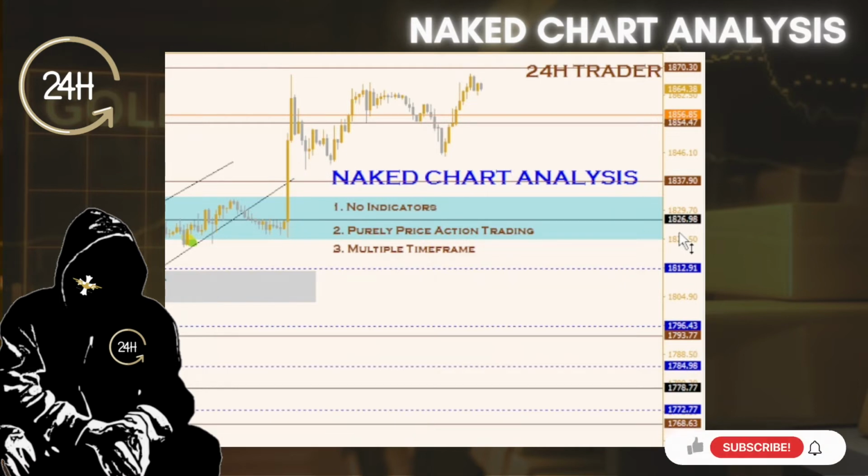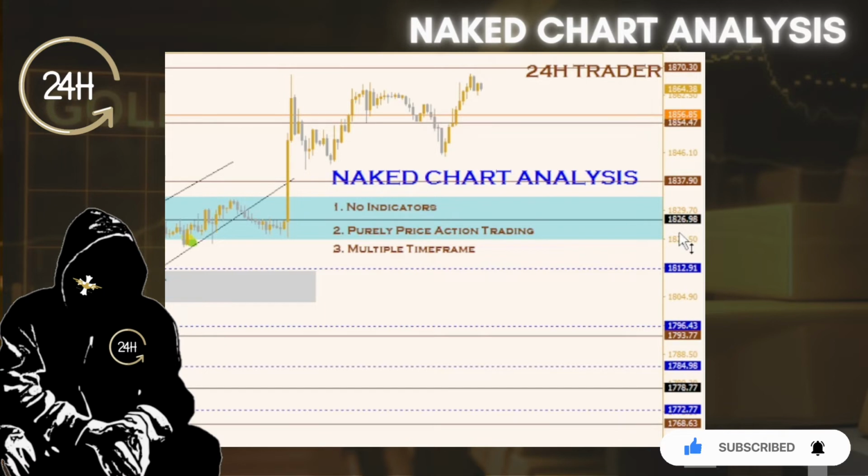Multiple time frame analysis for a 24H trader is very important, because we don't want to be caught on a higher time frame schematic. So for example, if I trade on the 5 minute time frame and I see an accumulation schematic, the Wyckoff schematic, I would buy for the market to pick up to the higher price.